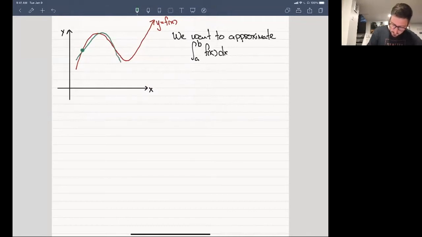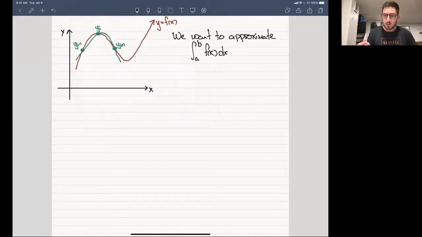Let's approximate this region right here using these 3 points. So this is y_{i-1}, y_i, and y_{i+1}. You could probably see why I'm hesitant to do this over the whole curve because it's going to be very, very messy. So I just want to draw one parabola in here so that you can get an idea of what we're doing to approximate.